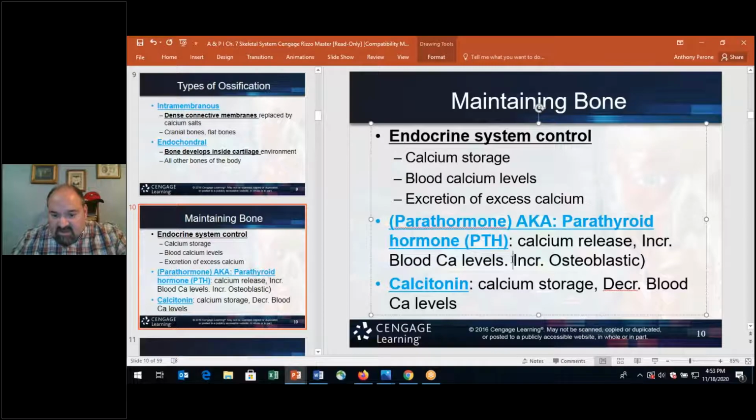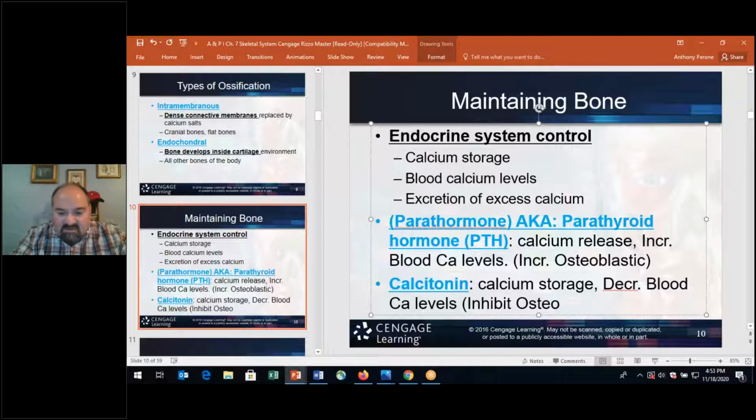Increase osteoblastic activity. So then if we're decreasing, we're going to inhibit osteoblastic activity, right?